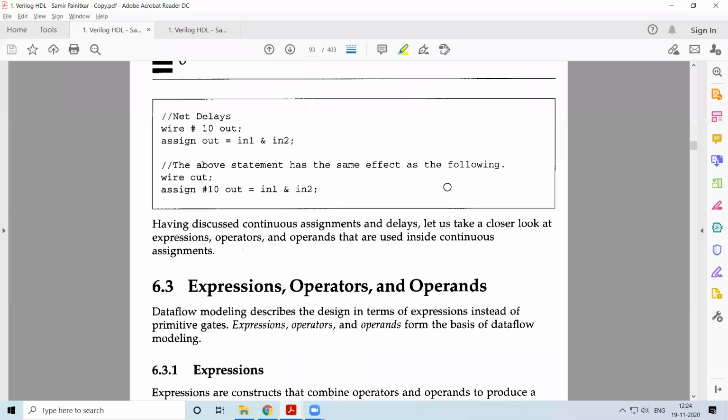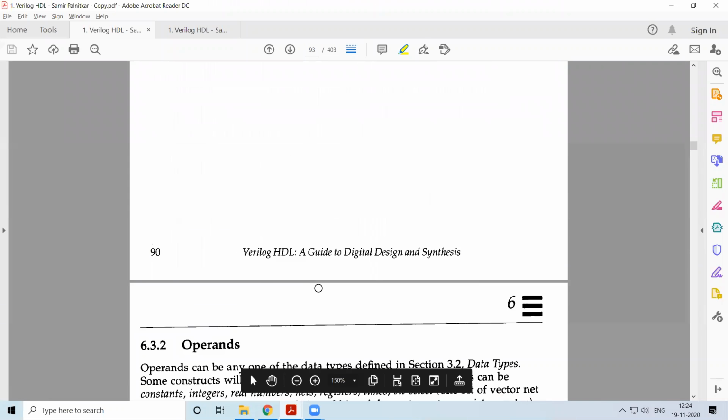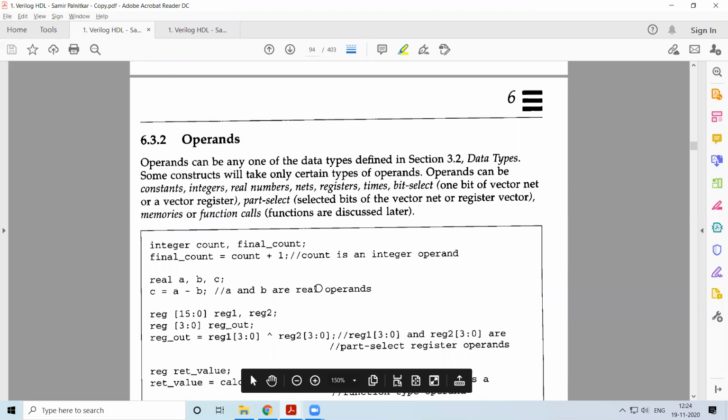Then we came across what is meant by expressions, what are operands, and what is meant by operators. In expressions, it basically involves the operands and operators together in order to produce some result. That is what we saw with a few examples. Then operands are the different data types which are available.